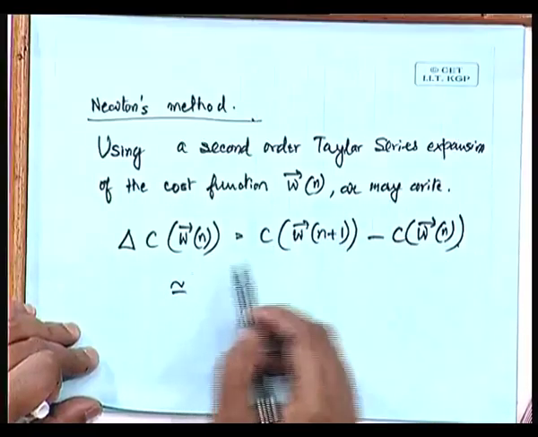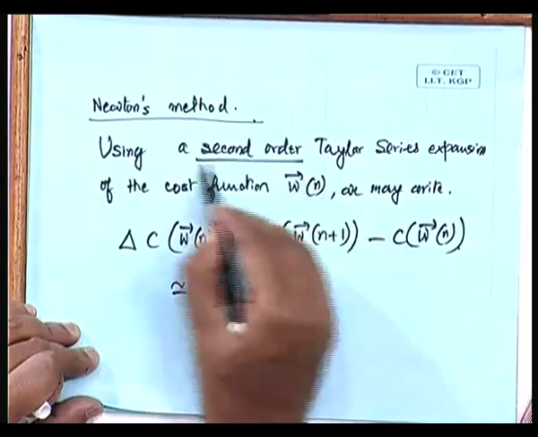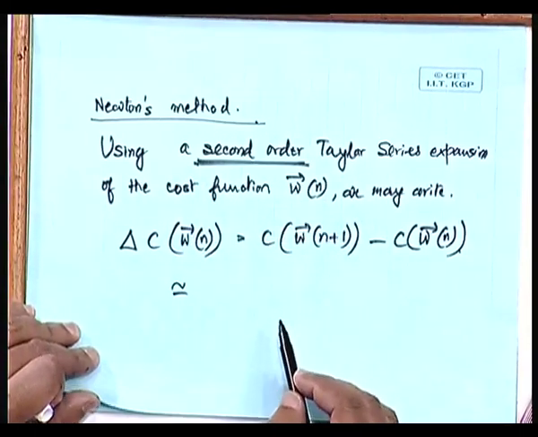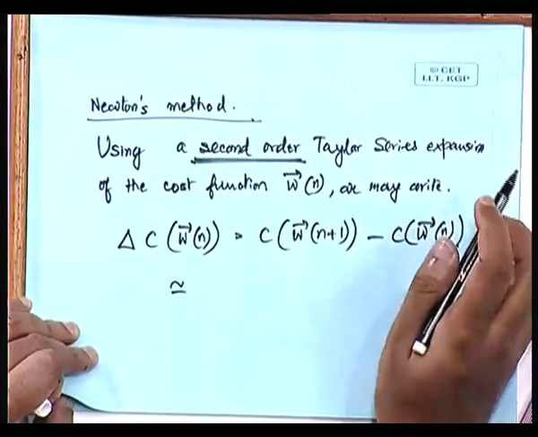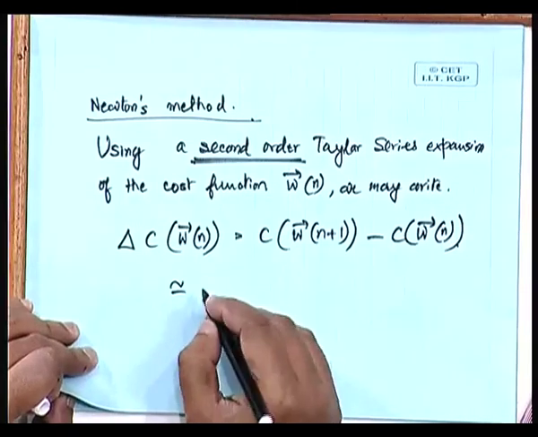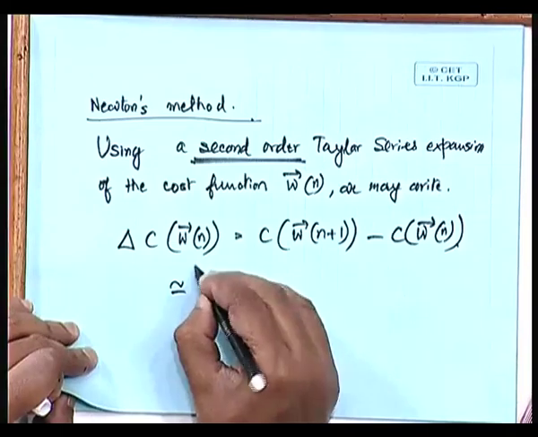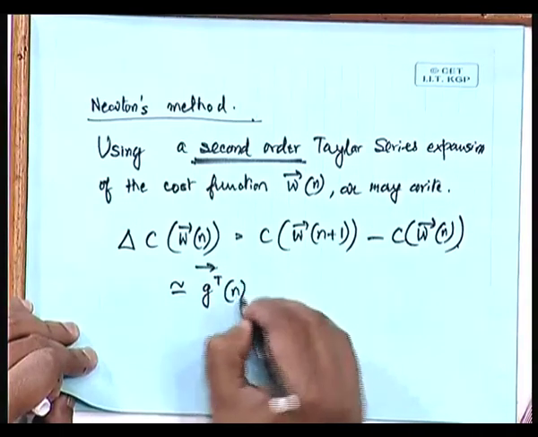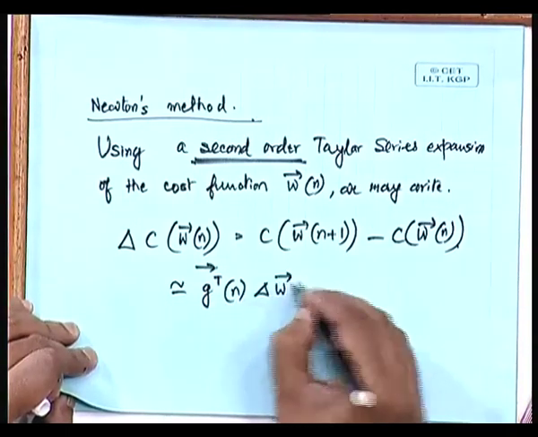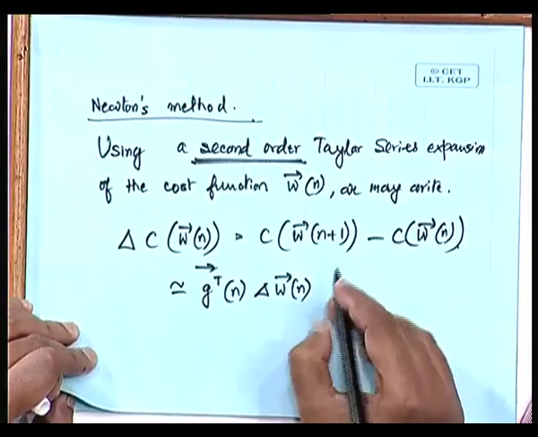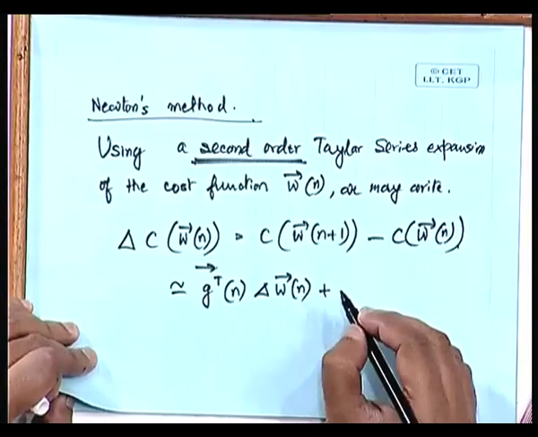We can approximate this, and again an approximation sign will be there, because after all it is a second order approximation, and we are still neglecting the higher order terms. So this can be expressed as the first order term, which is simply G transpose n delta W n, the earlier expression that we got, plus the second order term.